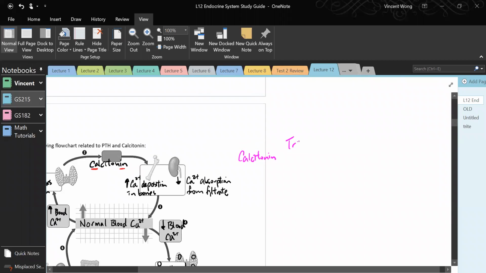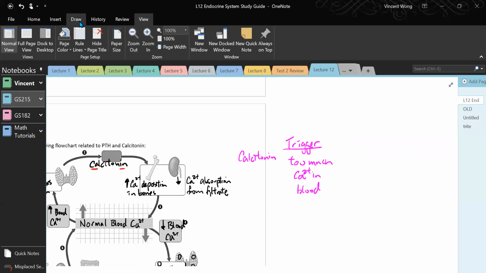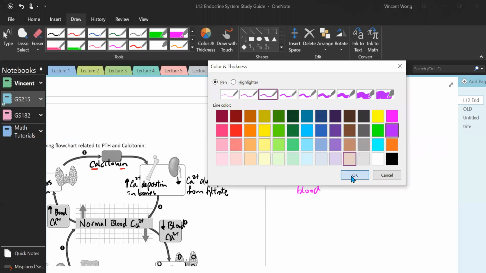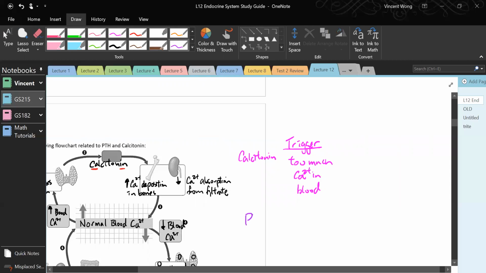So the trigger for calcitonin is too much calcium in blood, whereas the trigger for PTH is too little calcium in blood.